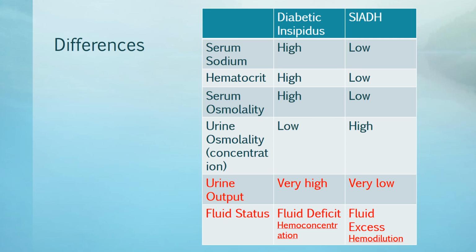Another thing that we can do with these patients is, I don't know if we were able to talk about the medication that we use. I don't know if that was one of the ones that got cut off, but we do use declomycin with these patients, and what it does is it blocks the effects of ADH on the renal tubules.